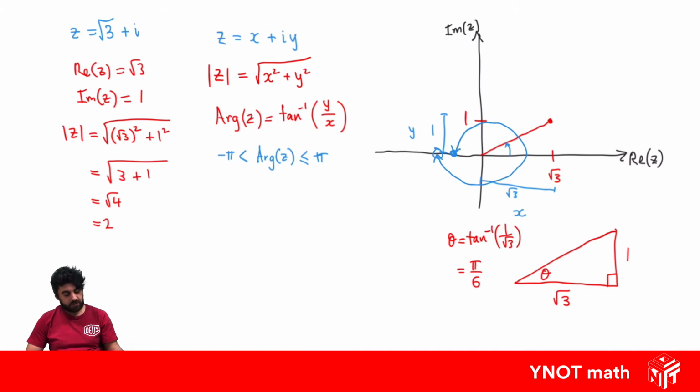Also, if our complex number equals 0, we'll have 0 plus 0i, and the argument of that complex number would be the inverse tan of 0 over 0, and can't divide by 0, so this is undefined. So if you have a complex number that equals 0, the argument is undefined.